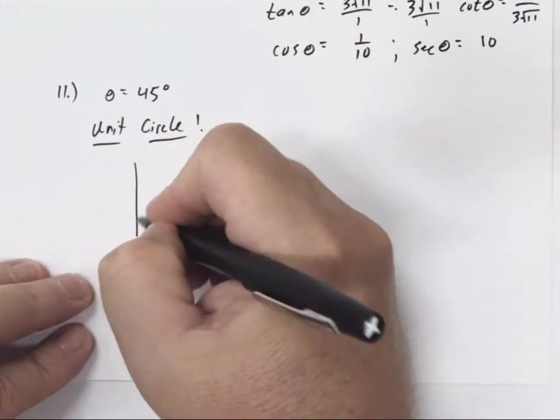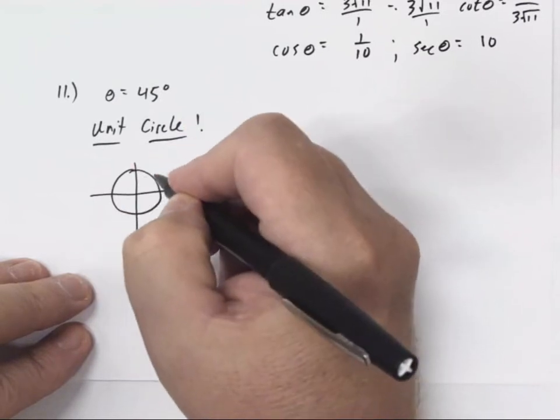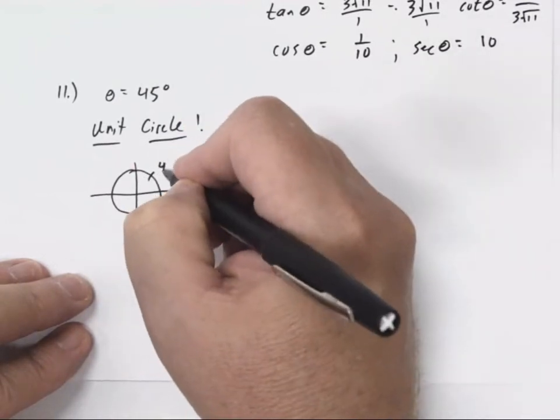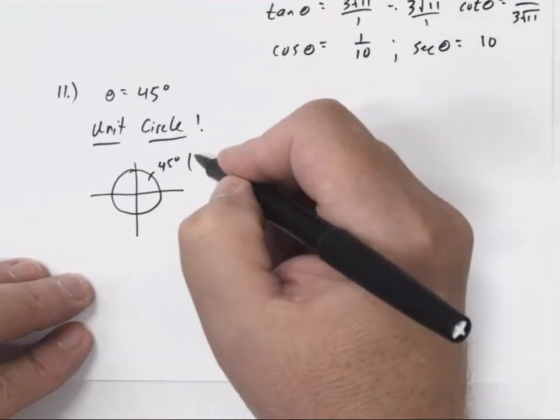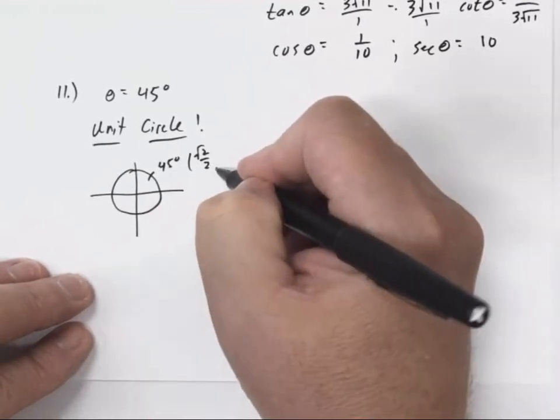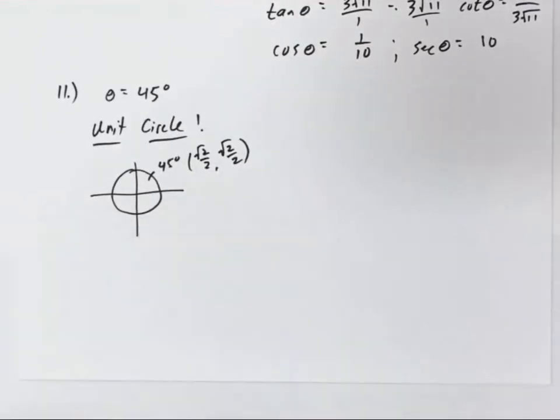In my unit circle, I'll write it here, but I can do this in my head. I know 45 degrees is right there. I know that point, the x is square root of 2 over 2, and the y is square root of 2 over 2. Once I know the x and the y of that point, I can easily figure out all the trig functions.